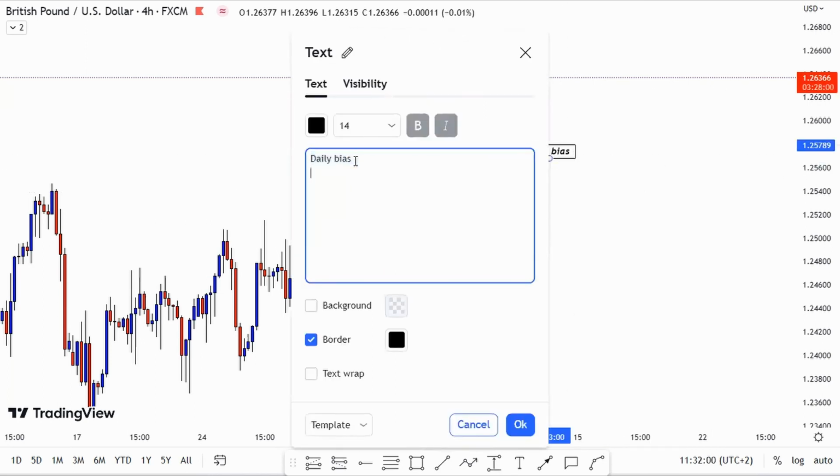After a daily bias, you should always look for your break of market structure. That's a break. Right now we are making sense.